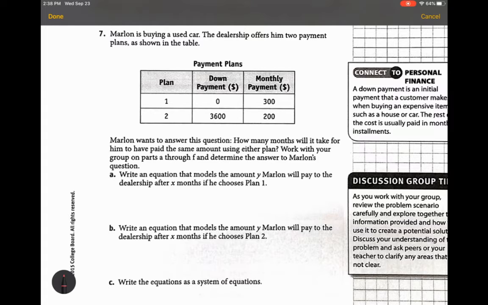Okay, so first one is a $0 down payment with a $300 monthly payment. So write an equation that models that. So we're going to have y equals what? 300x. Okay, second one is $3,600 down payment with a $200 monthly payment.